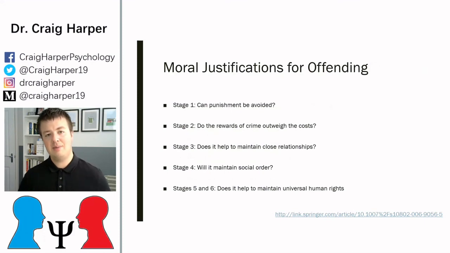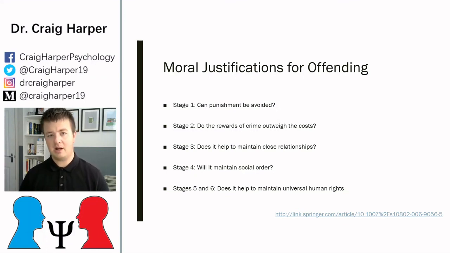And what we see typically are different explanations of offending behaviour. So what you see is that those who are at stage 1 will be trying to maintain that they weren't punished for it before. Stage 3 is, well, this behaviour enabled me to maintain a relationship with a partner or with friends or with my parents.